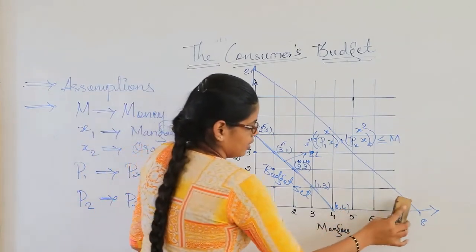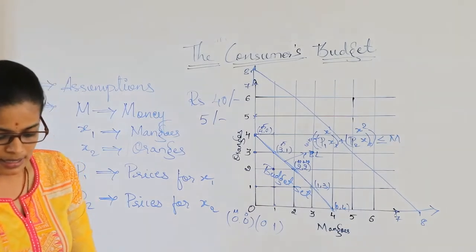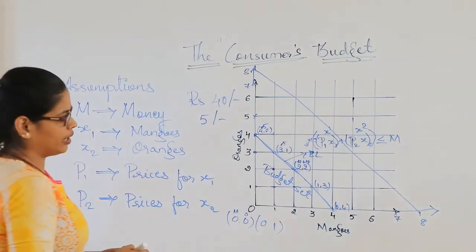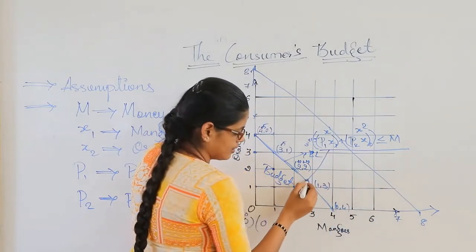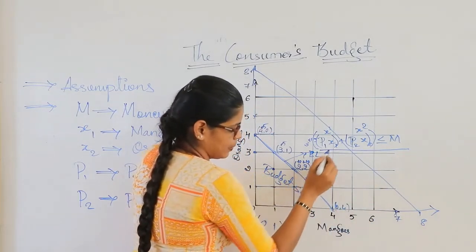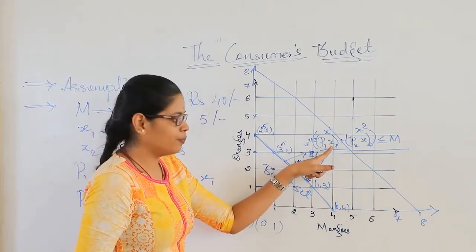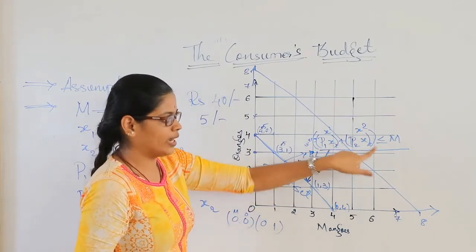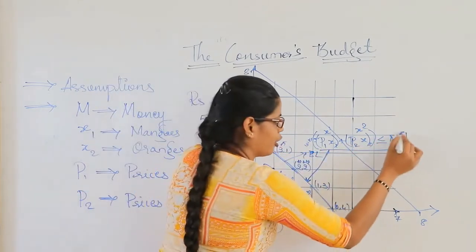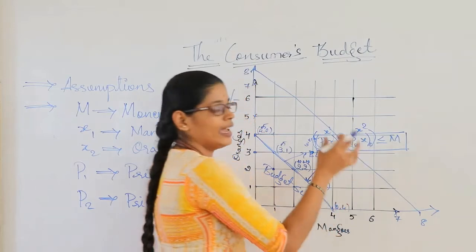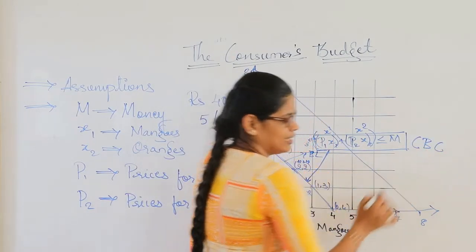Okay, next we have something called the consumer budget constraint. This line is expressing the formula P1 x1 plus P2 x2 is less than or equal to M. So this equation is called the consumer budget constraint.